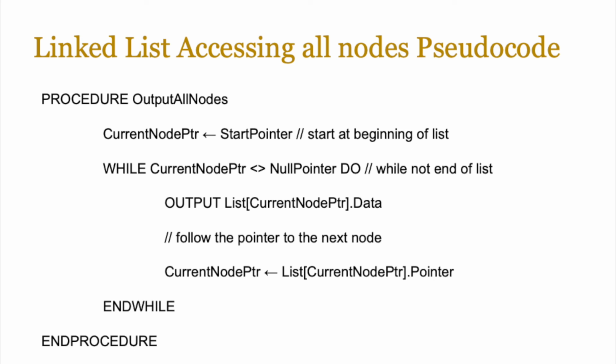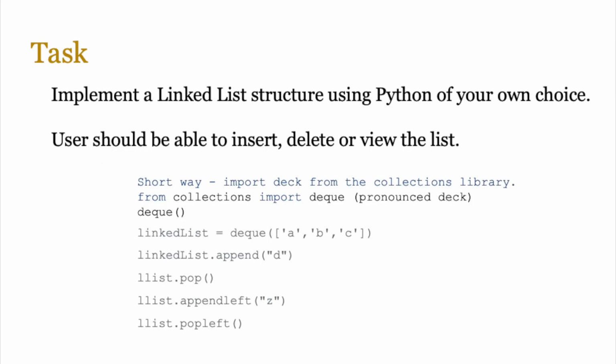It's all well and good looking at pseudocode, but we also need to learn about implementing linked lists using Python. Your task is to implement a linked list structure using Python of your own choice. You could go the array route, you can go the record route, you can go the class object route. I'll leave that up to you. Users should be able to insert, delete, or view the list.